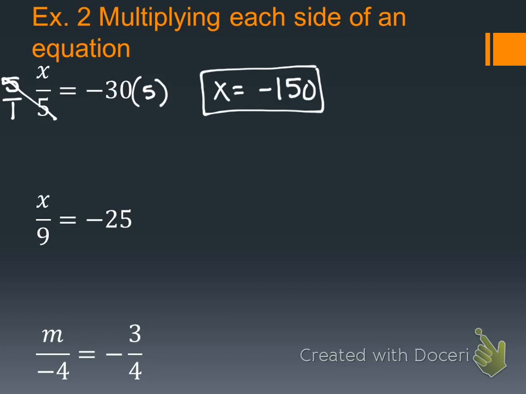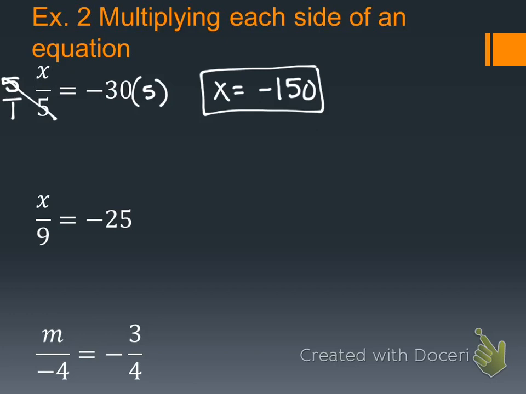Now, do not forget about your sign. That's a common mistake people make, they just say x is equal to 150. Well, that's not true. The best part about 3.1 and 3.2 so far is everything that I have done can always be checked. So on your test and on your quiz, you should know exactly what you're going to get before you ever turn in the test, because you can plug it in and check.